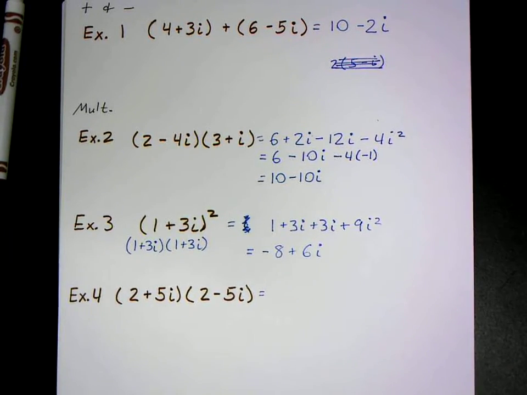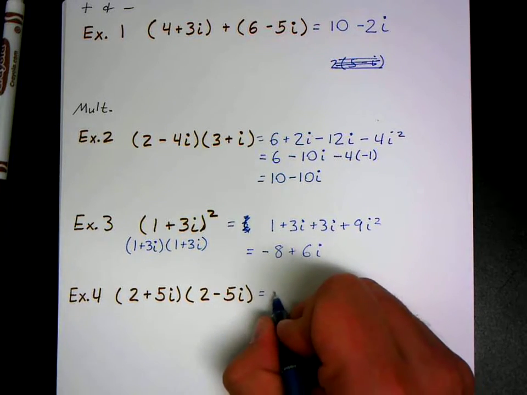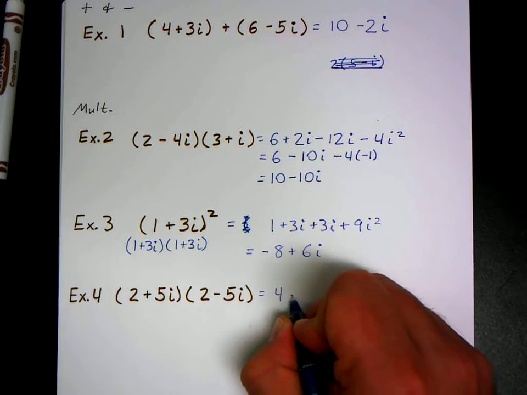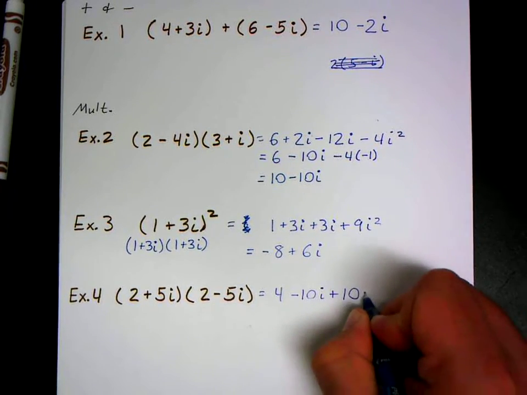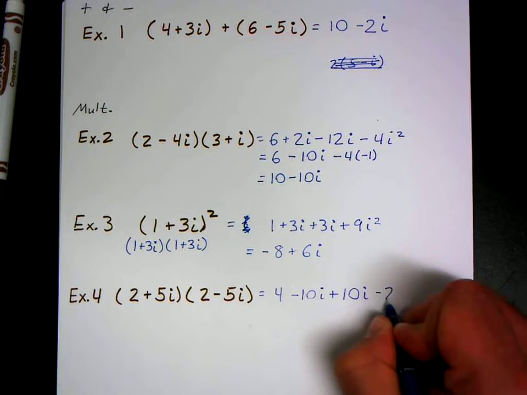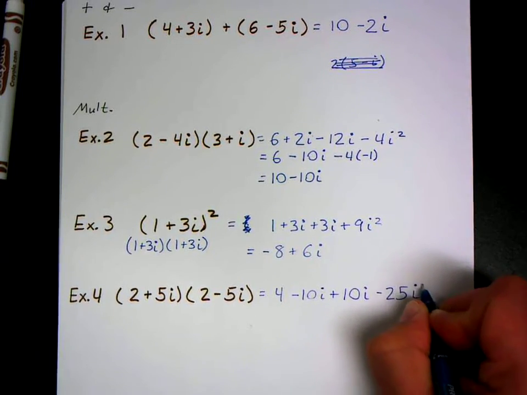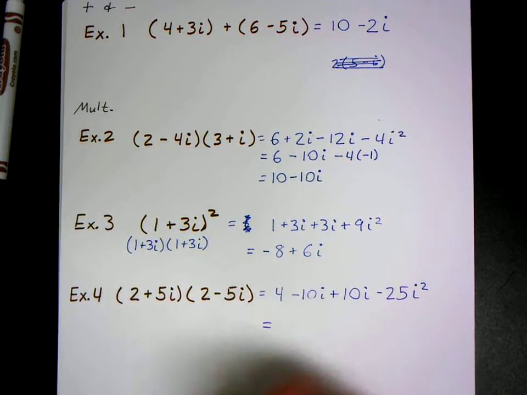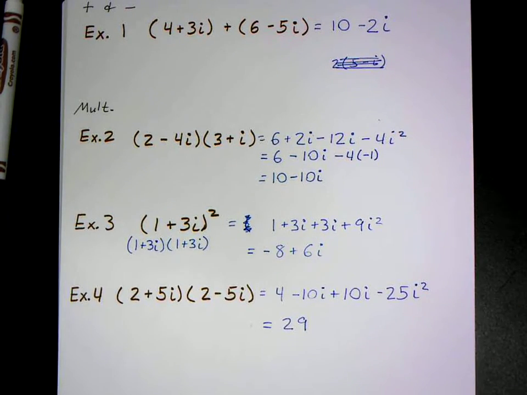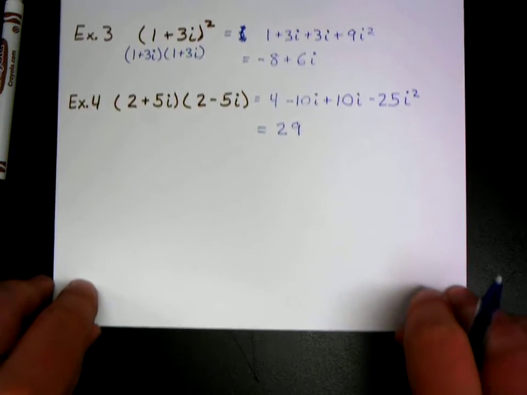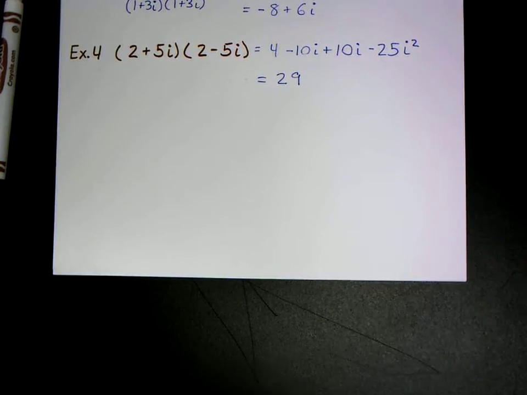If I multiply those together, you could add the 0i, you don't have to.